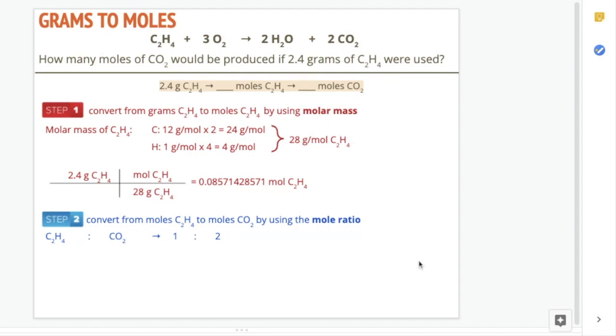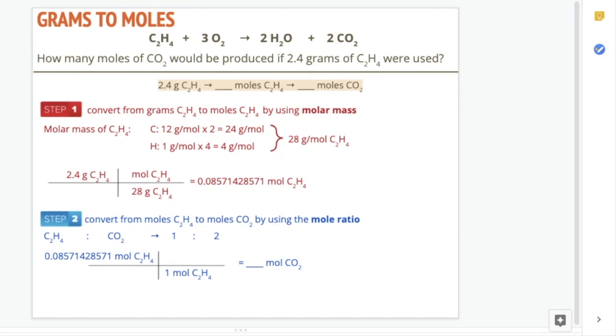Now, in order to convert, I'm going to set up my chart and start with what I have. I have 0.086 moles of C2H4, and I'm trying to get out my final answer of moles of carbon dioxide. So, if I need to get moles of carbon dioxide out, what am I going to put on the bottom here?